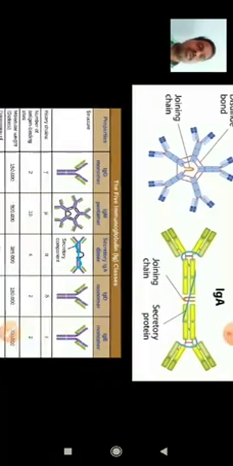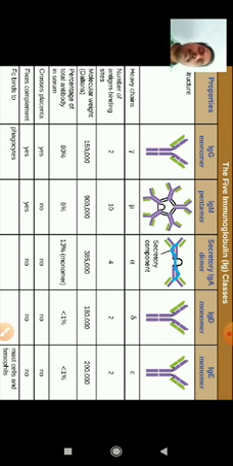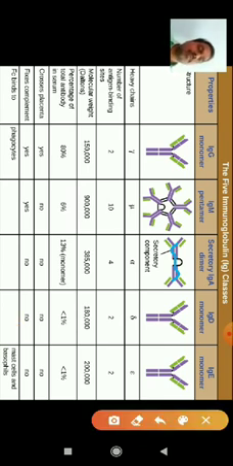In the next image, the different characters of every antibody are shown: IgG is a monomer, IgM is a pentamer, IgA is a dimer, and IgD and IgE are also monomers. So that is the types of antibody.